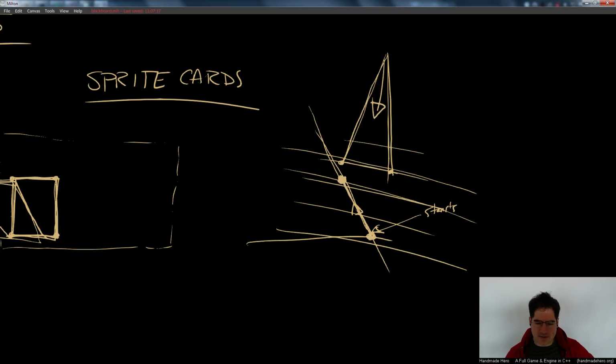What I then have to do is say, well, okay, it's going to stretch upwards along this point for some distance d.